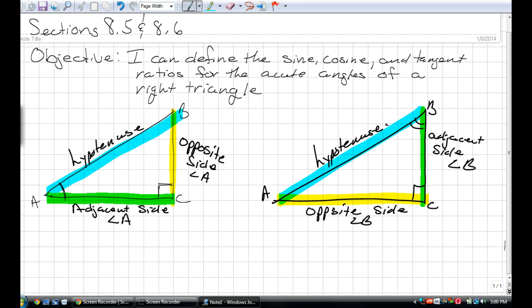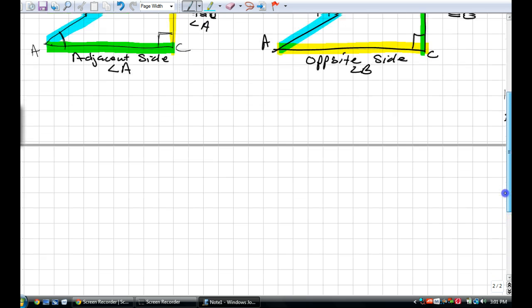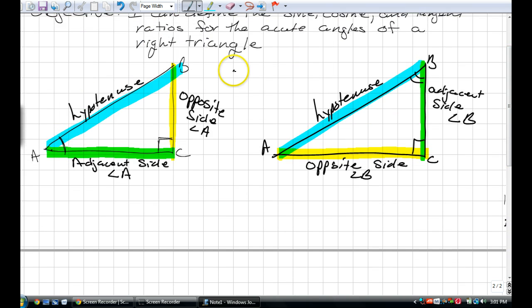Now the sine, cosine, and tangent are exactly what the objectives say. They are ratios, but they're ratios that are related to the angle that we are looking at. So let's divide this up.